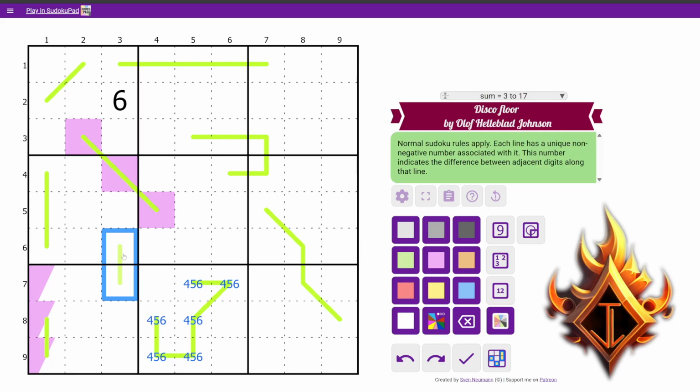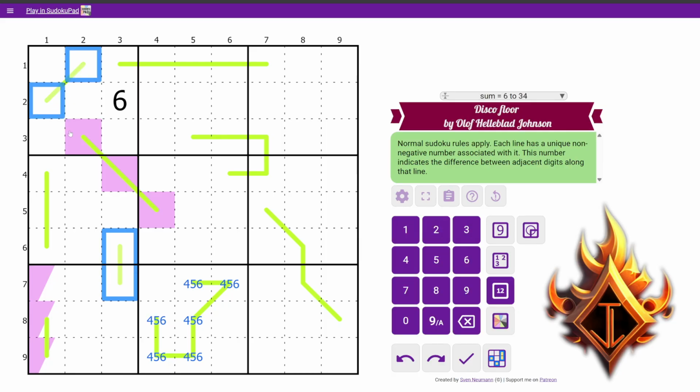But this one, this one, this one can't be 8, 7, 6, or 5 either, this little sideways J here.